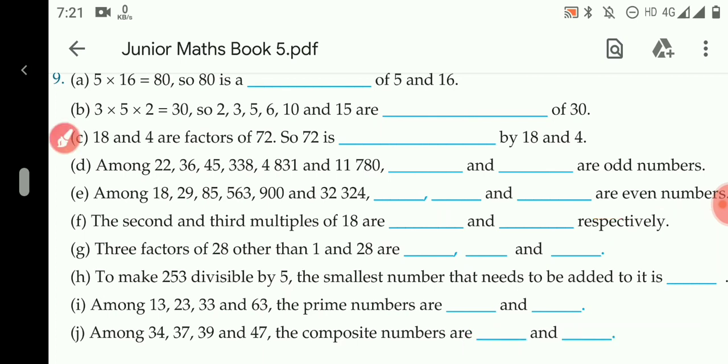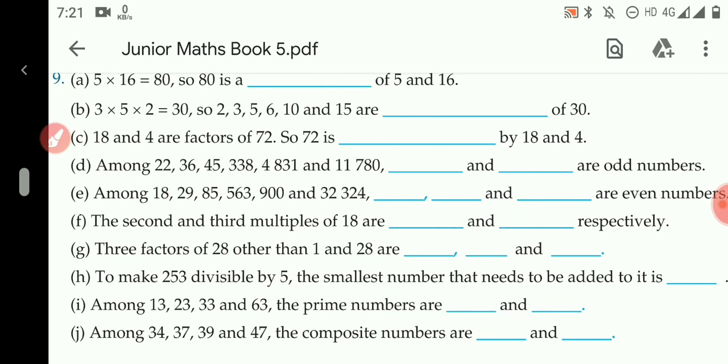In F part, second and third multiples of 18 are dash and dash. So in this question, 18 multiplied by 2 equals 36, which is the first answer, and 18 multiplied by 3 equals 54, which is the second answer. In G part, three factors of 28 other than 1 and 28 are dash, dash and dash. So we have to find out the numbers through which 28 is completely divisible.